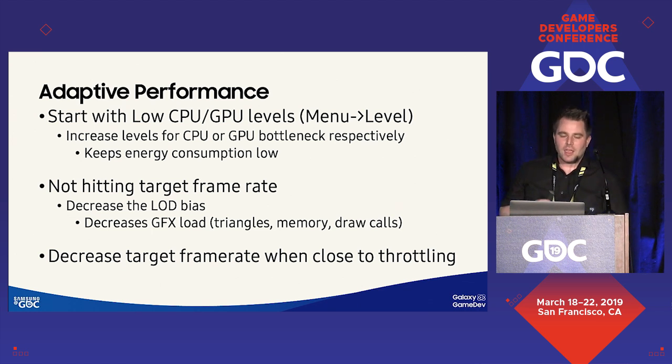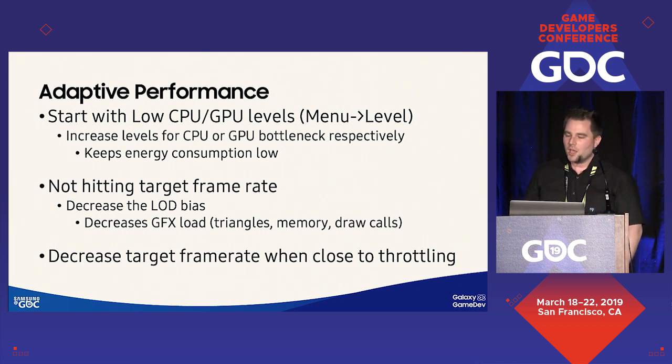And the other thing, if we get close to throttling, we also decrease the frame rate for a couple of frames to make sure the CPU and GPU have enough energy to do all the work they need to be doing. And without the Adaptive Performance SDK and the Game SDK, this is not possible because we don't know anything about the thermal status of the device.